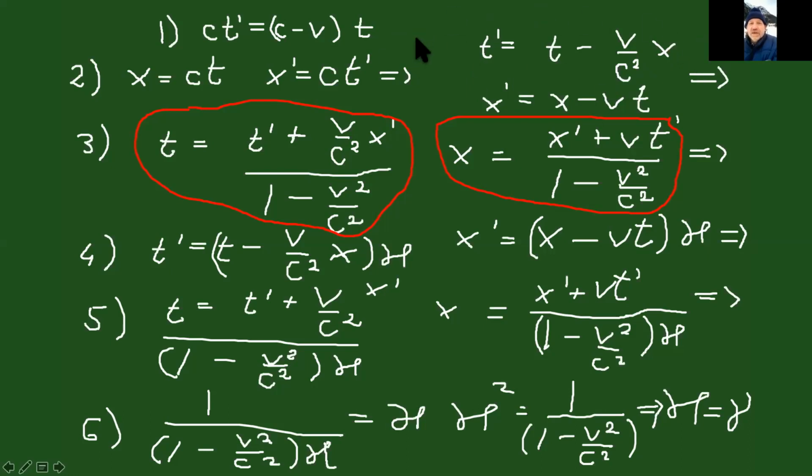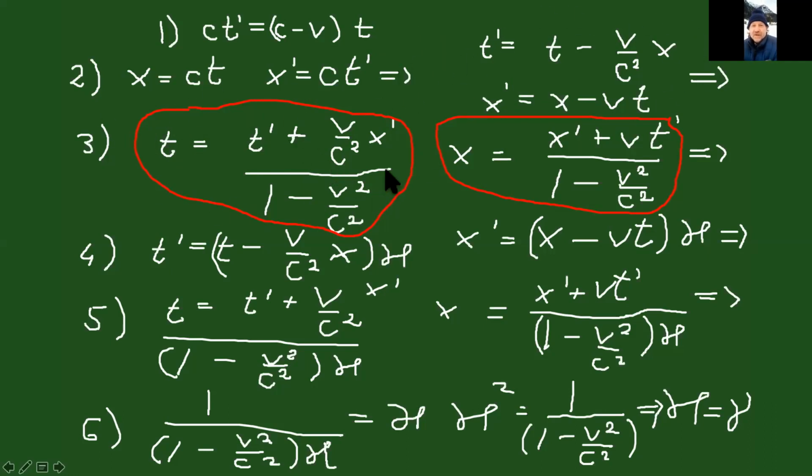Now we solve the linear system of equations. We have the transformation for t prime and the transformation for x prime as functions of x and t. Now we reverse it, solving the linear system of equations.